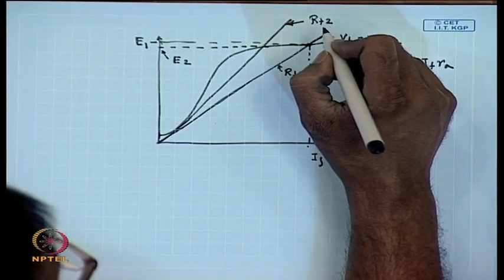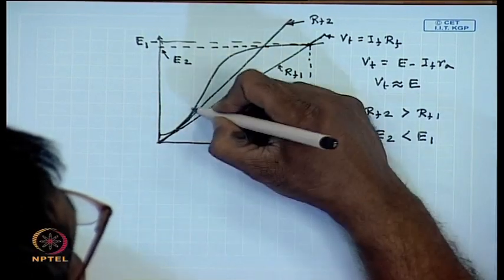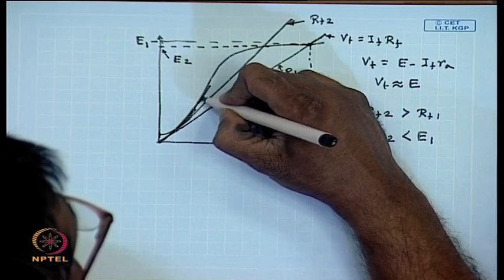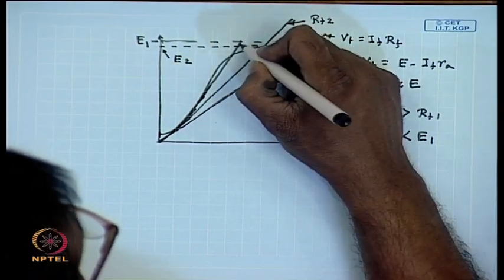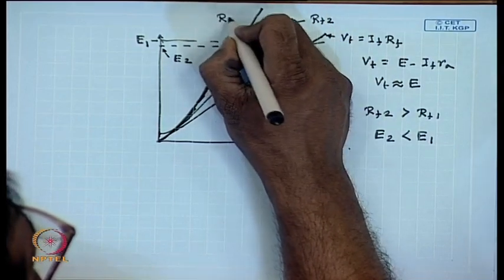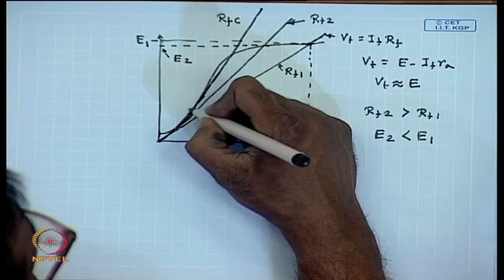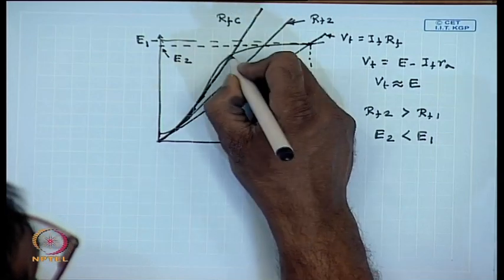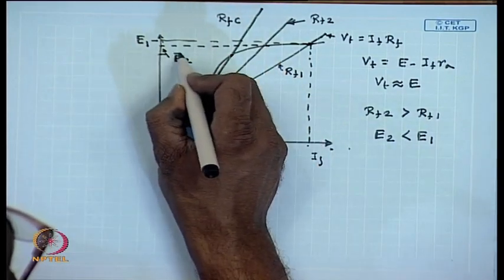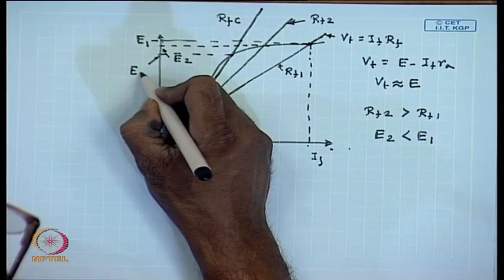We can conceive a situation where the field resistance is such that the field load line is tangent to the linear portion of the OCC, in which case the excitation voltage will be E c.